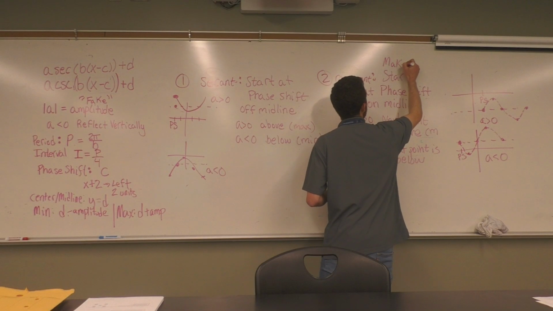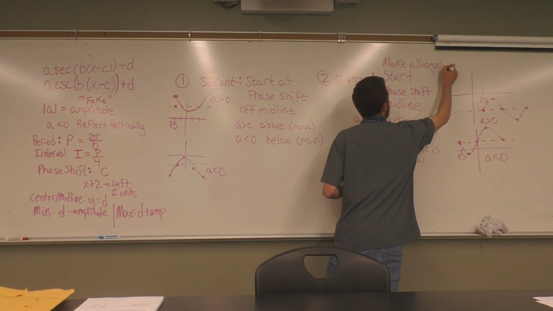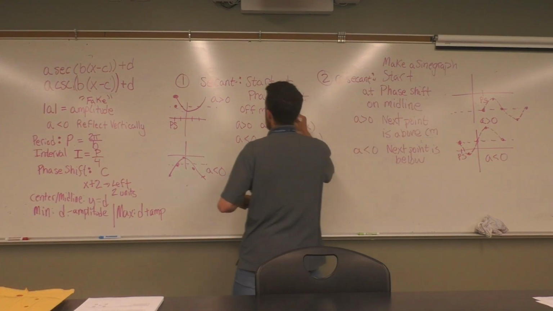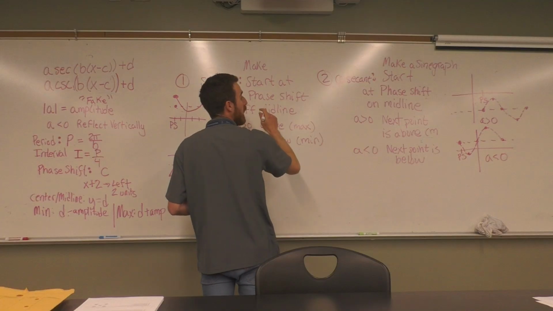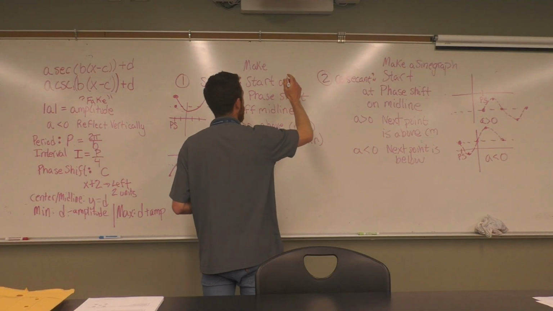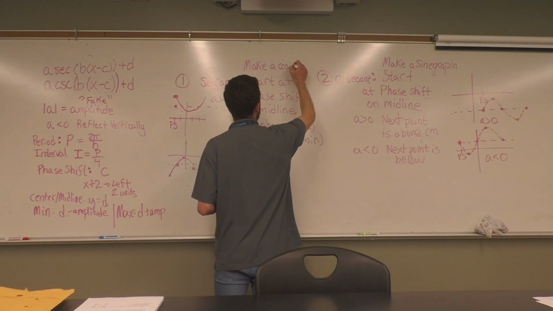First, make a cosine graph. First, keep it a dotted line. You can't tell me I didn't tell you. It's on YouTube. Make a cosine graph. It's not a solid line.